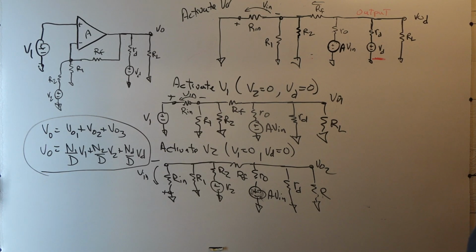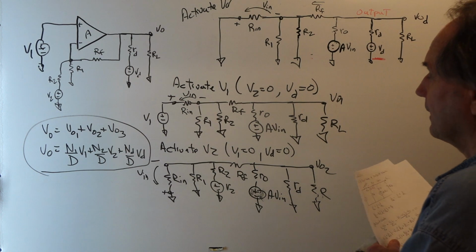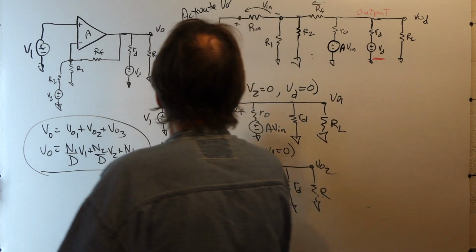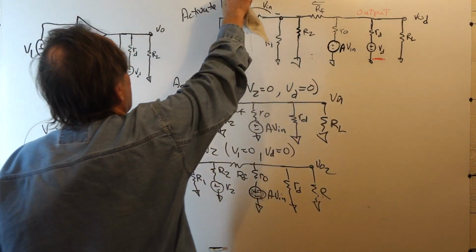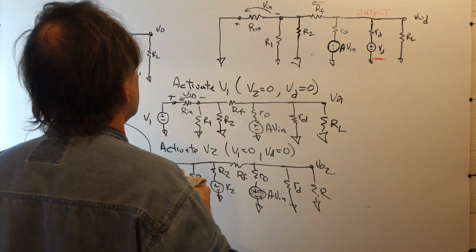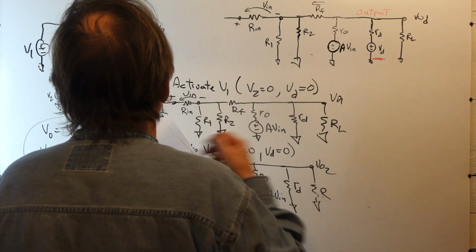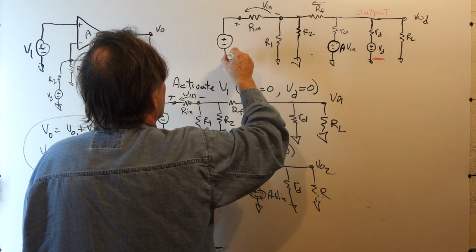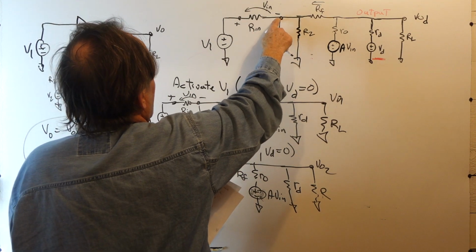Okay, now I'm going to redraw. We'll activate V1. We'll use this network here, and I'm just going to go ahead and write that up here so I have some board space. So we have V1, our plus terminal, our minus terminal of the op-amp.